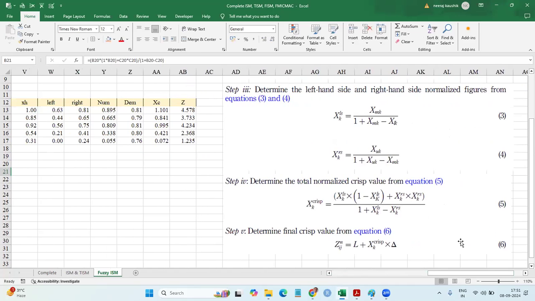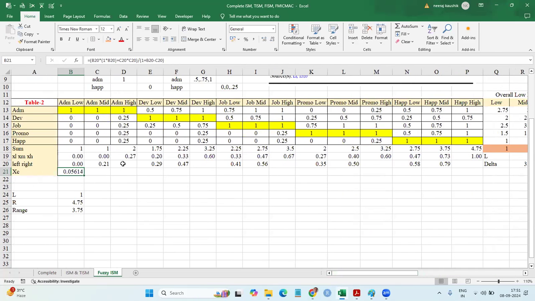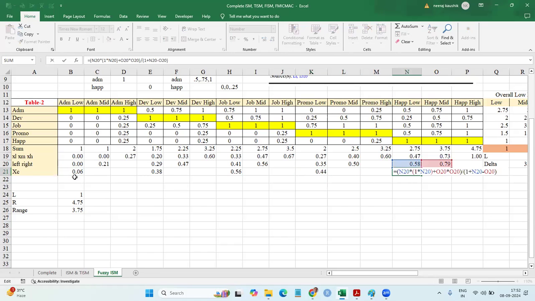Was this the formula? Left into 1 minus left plus right into right, divided by 1 plus left minus right. So this is the case, and do the same for all the values here. Paste, paste. So this is left into 1 minus left plus right into right divided by 1 plus left minus right.